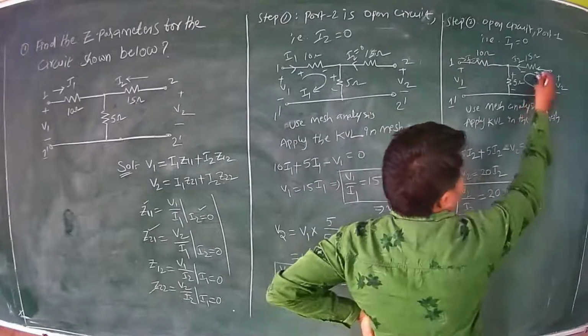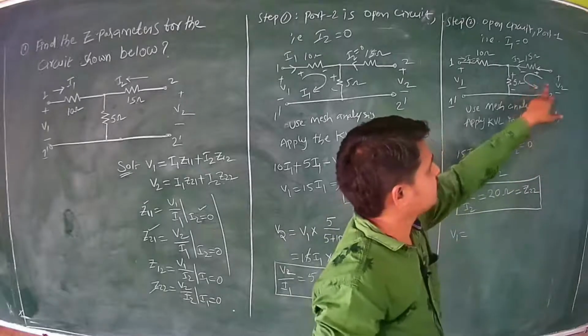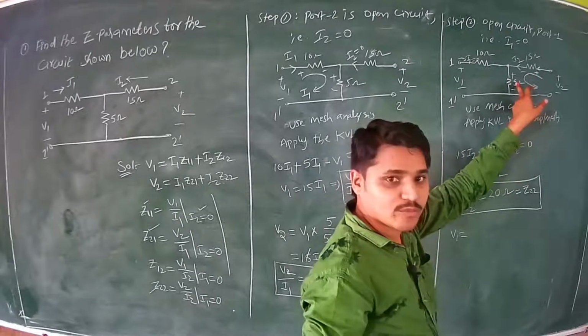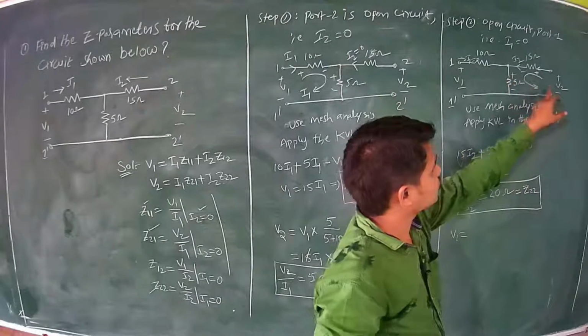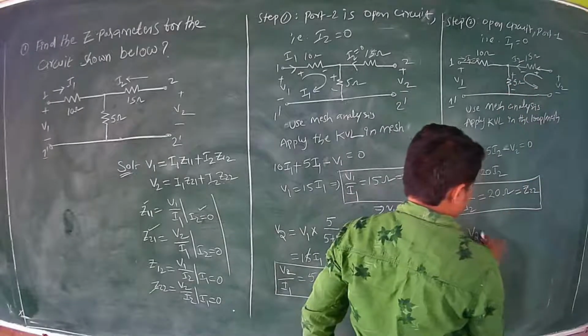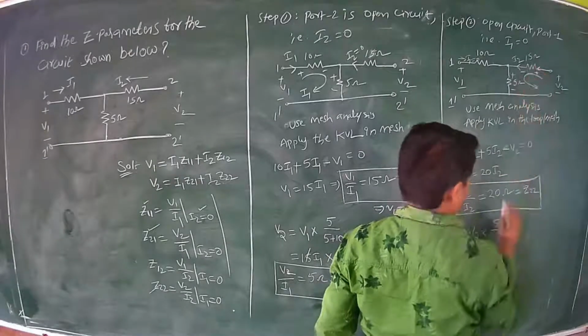Therefore, as these elements are connected in series, I am applying the voltage division principle here. The voltage across the 5 ohm resistor, that is V1, equal to total voltage V2 into resistance 5 ohms by total resistance 5 plus 15.